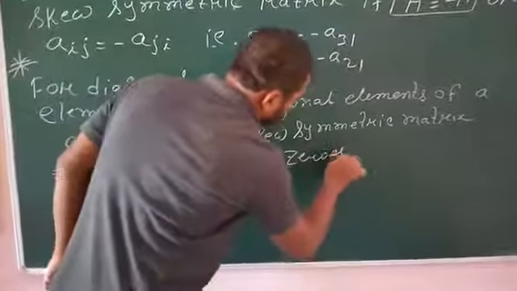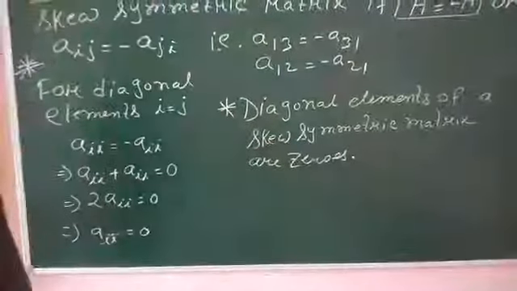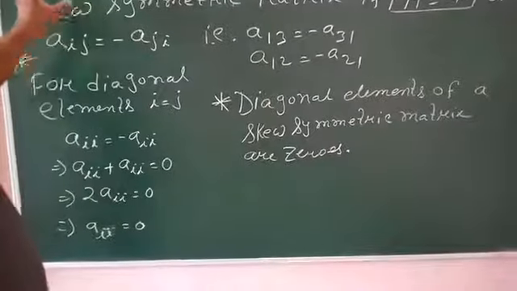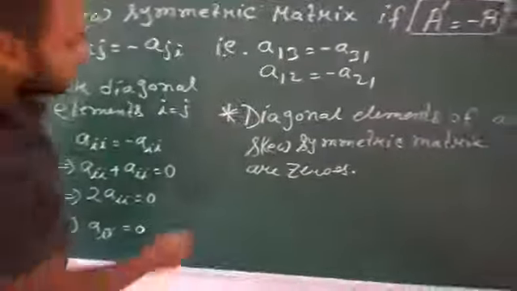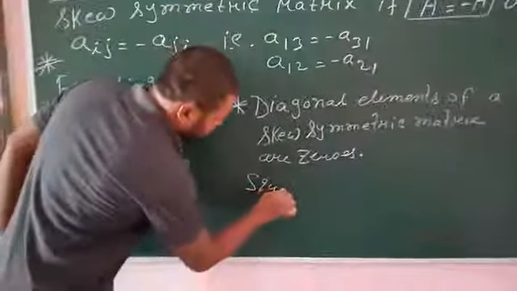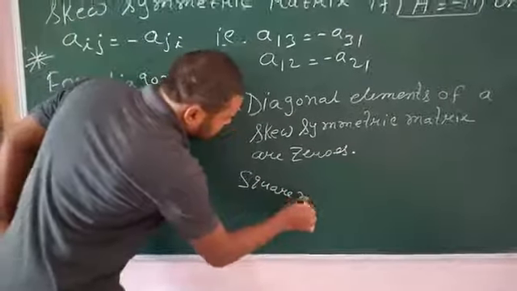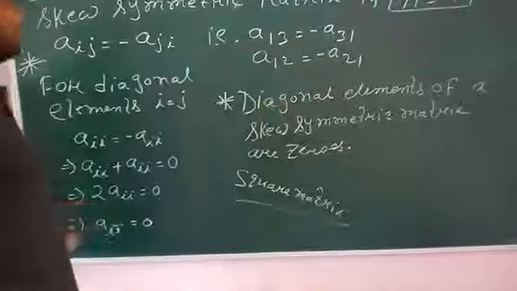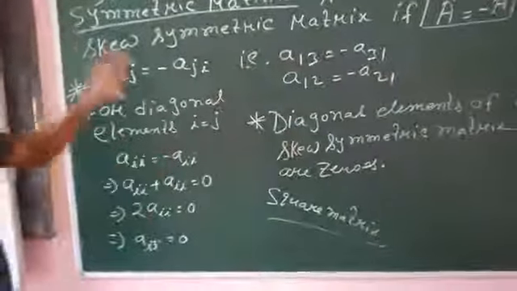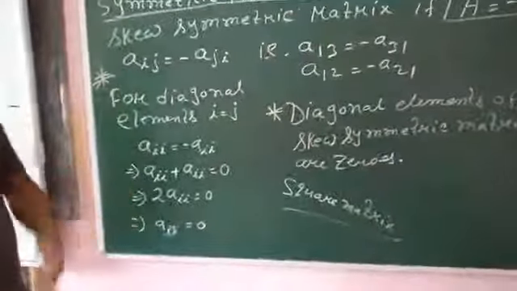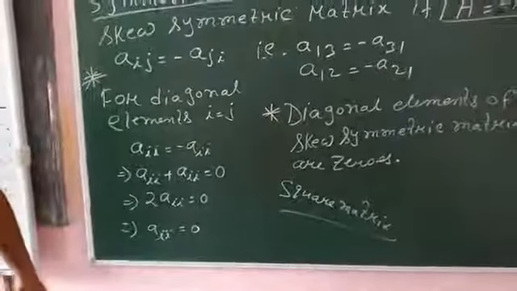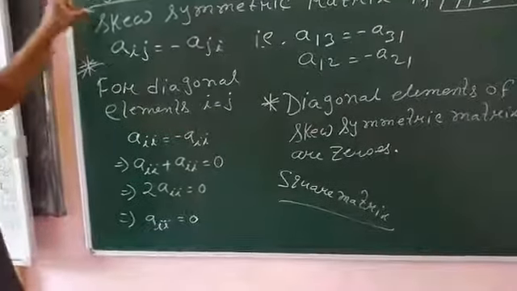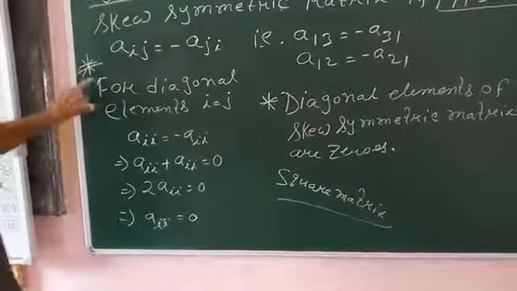All the diagonal elements of a skew symmetric matrix are 0. First of all, for a skew symmetric matrix, it should be a square matrix. For a symmetric matrix or skew symmetric matrix, it should be a square matrix. So these 2 points you note down. This definition and these 2 points are very important.